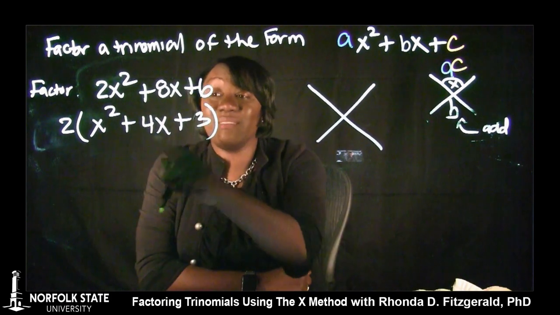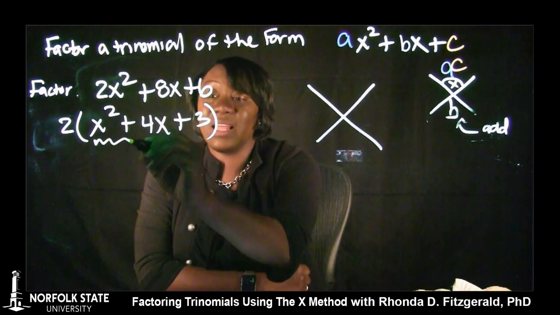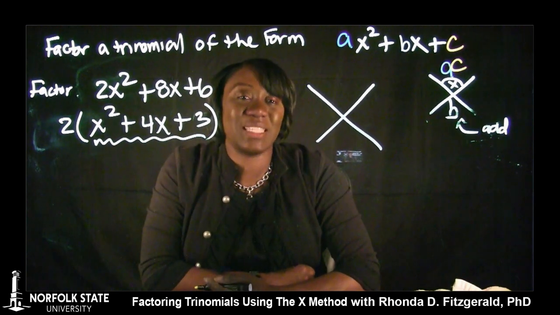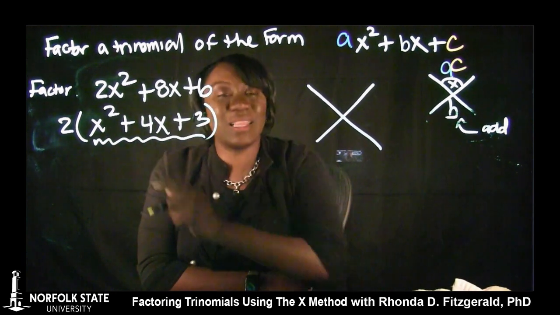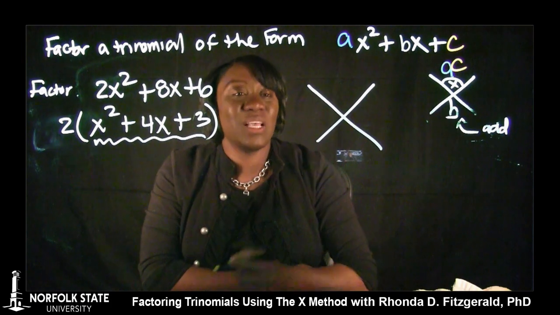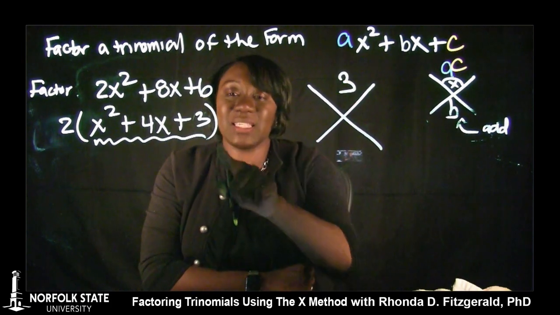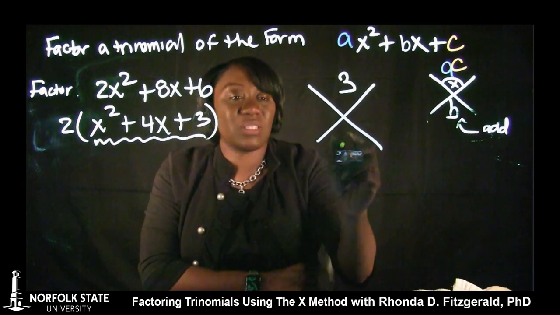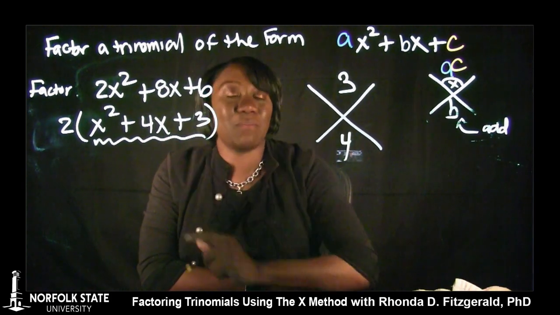Now, we actually want to factor the inside part of the parentheses, which becomes a simple factorization. Why? Because now my leading coefficient is actually 1. So the number that goes at the top of my x is 3 because 1 times 3 is 3. The number that goes at the bottom is 4 because that's our middle term.